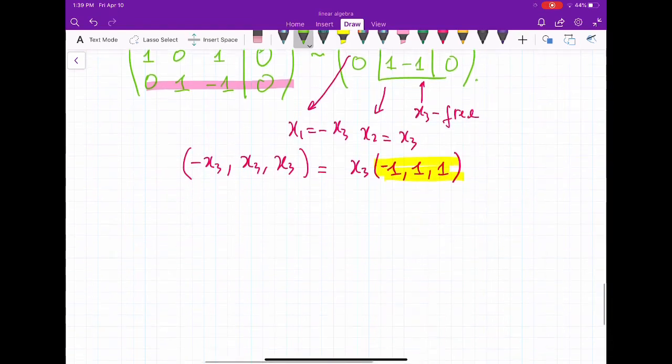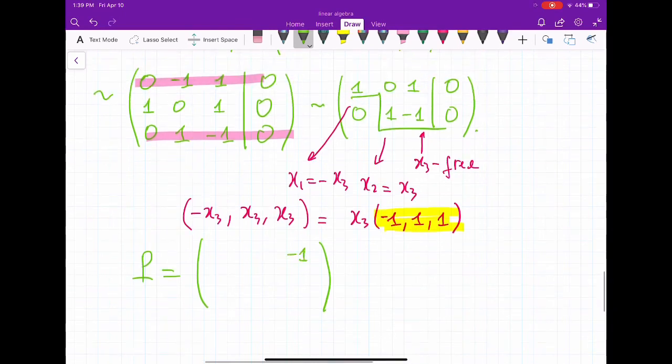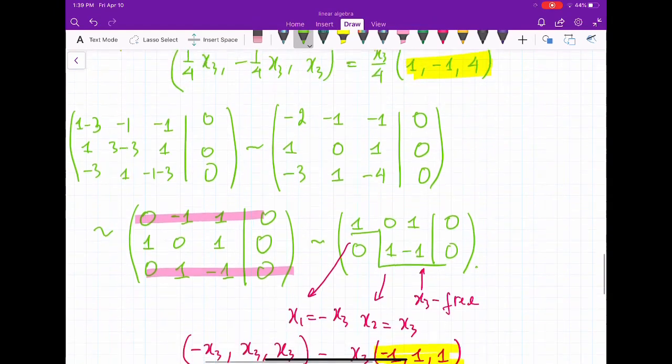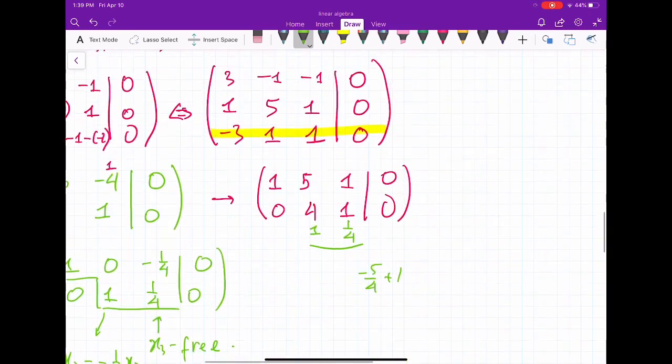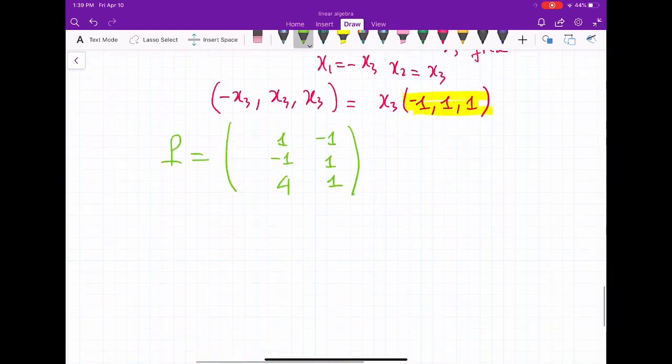Now we have matrix P look like. The third column, I have this in here, so I just copy that. The second column is 1, -1, 4. And the first column is what? Where's the first column? -1, 0, and 1, right? -1, 0, and 1.